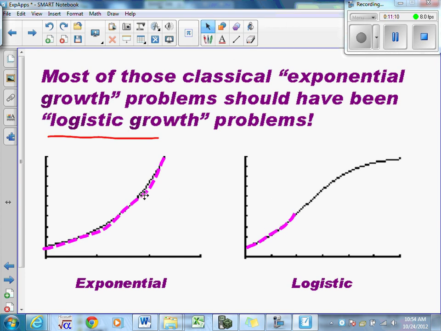If I take this beginning logistic growth model over here, it starts off very similar. However, it reaches a point where it's still growing, but the growth is slowing down. And then eventually levels off. It doesn't grow forever.